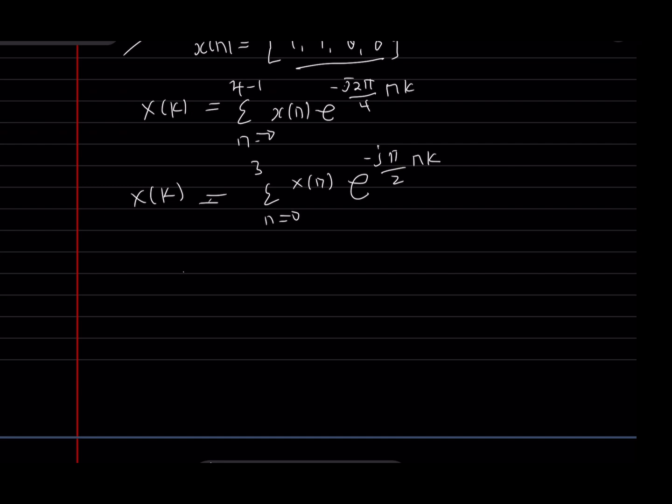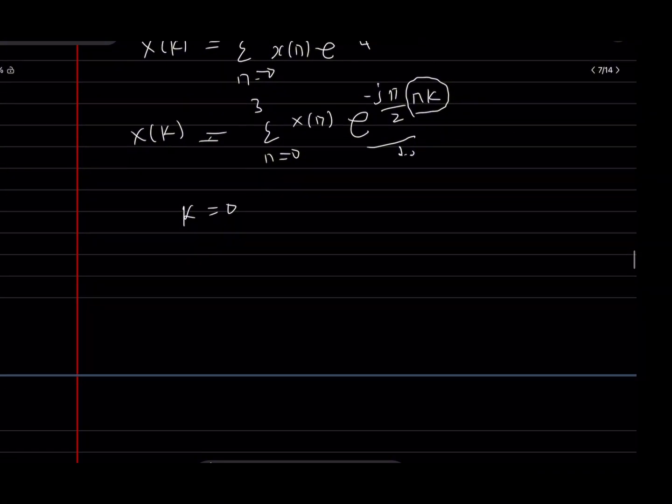Based on this, we are going to substitute whatever we have for k equal to 0. Remember that whatever n, the coefficient of n will be, the whole exponent will go to 0. So for k equal to 0, we get X of k equal to summation of n equal to 0 to 3 of x of n exponent 0.